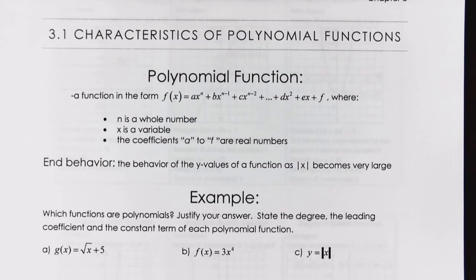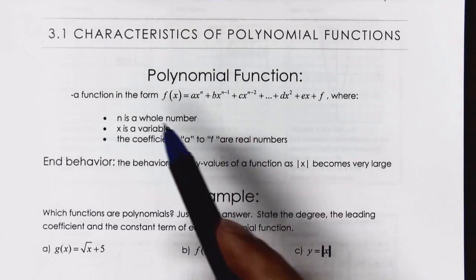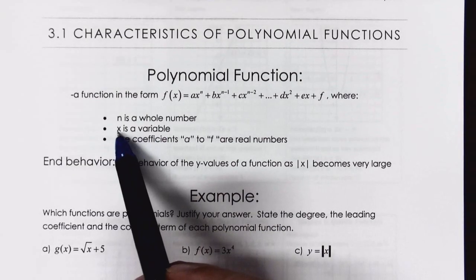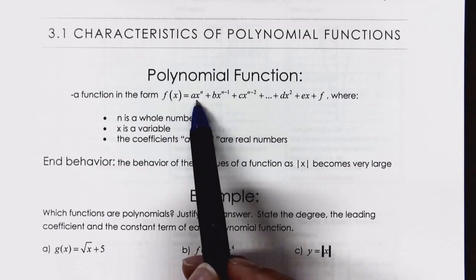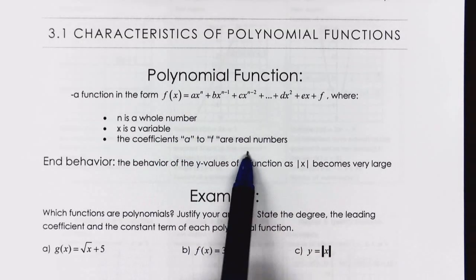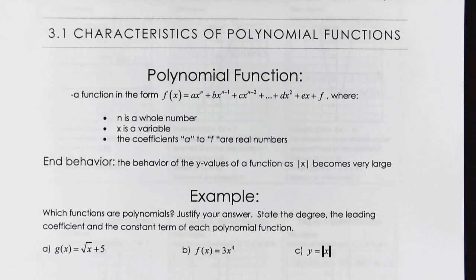It can't be a root function. It can't be any of those things. So it has to be just a standard whole number. You need to have a variable in it. Now I said x, but that's not true, any letter. So it needs to have a variable with the exponent. And the coefficients a to f are real numbers. So they're not the square root of -2 or anything like that.